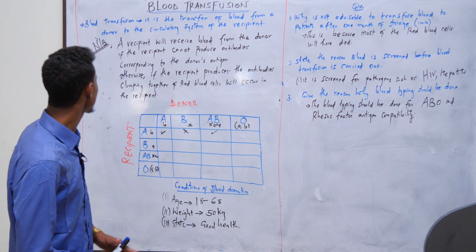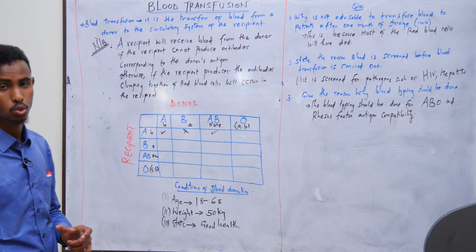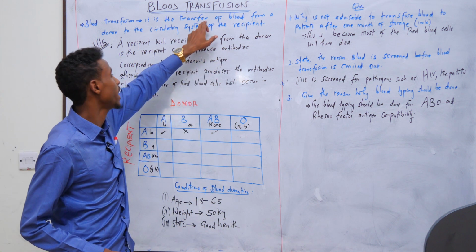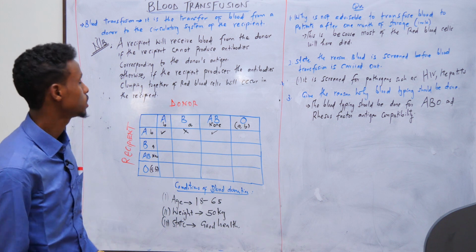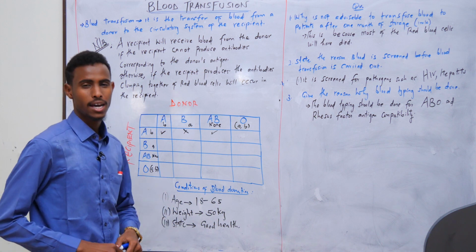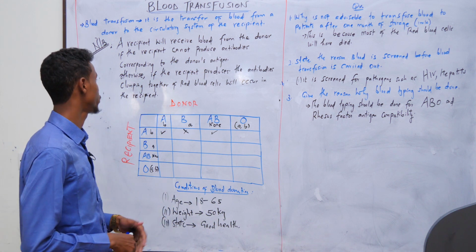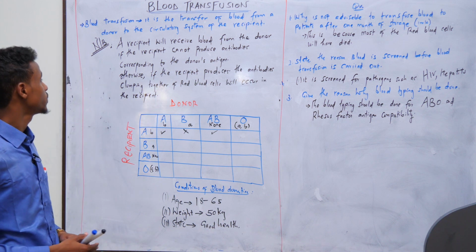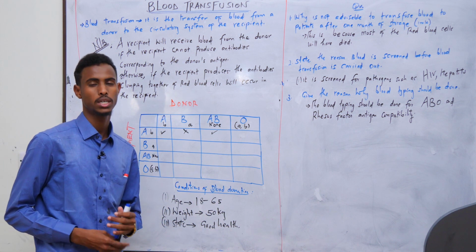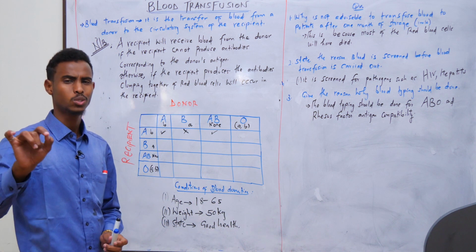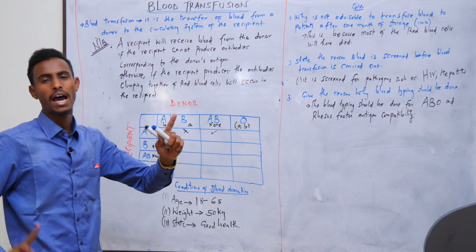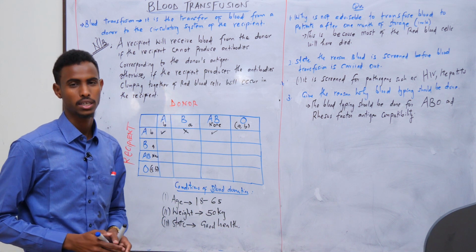Now class, blood transfusion is the process by which blood is transferred from the donor into the circulatory system of the recipient. Now again class, a recipient will receive blood from the donor if the recipient will not produce antibodies against the blood that is being donated.